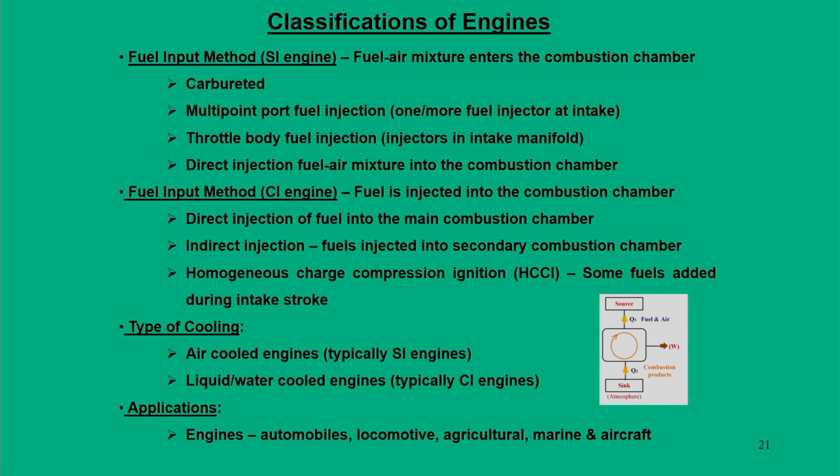Another possibility, if there are big engines and there are provisions, is a secondary combustion chamber. That means we can have a main combustion chamber and a secondary combustion chamber, where indirect injection is also possible. And in advanced technology people think of homogeneous charge compression ignition engines, where fuel is added during the intake stroke.